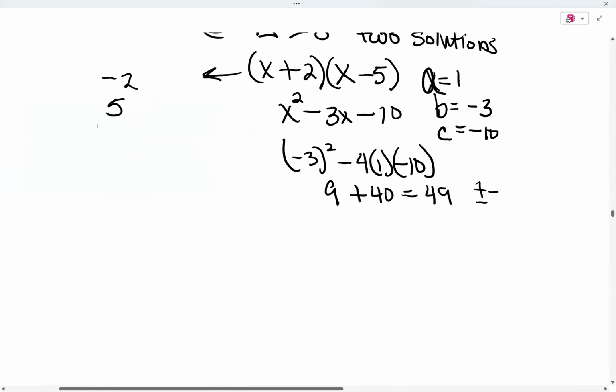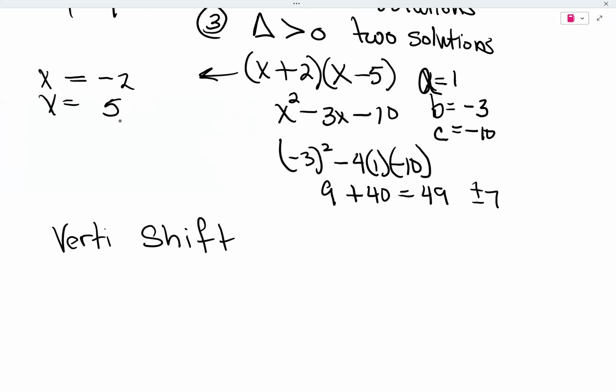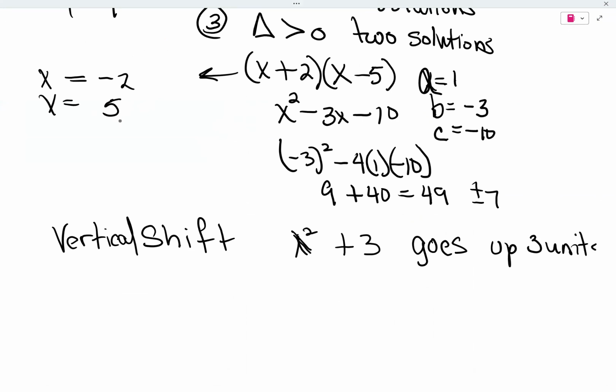So when it comes to the shift, we have, in this case, a vertical shift. Remember that that always is like x squared, for example, as your parabola. Let's say we have a +3. We know that it goes up 3 units, and that's the verbiage we use.